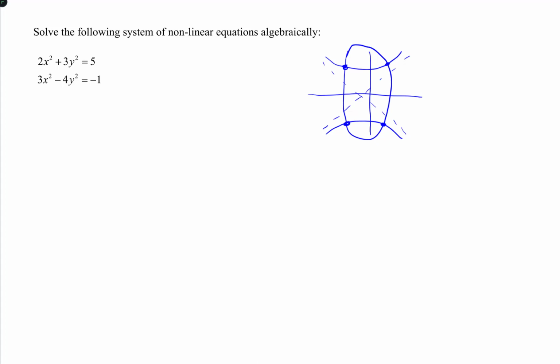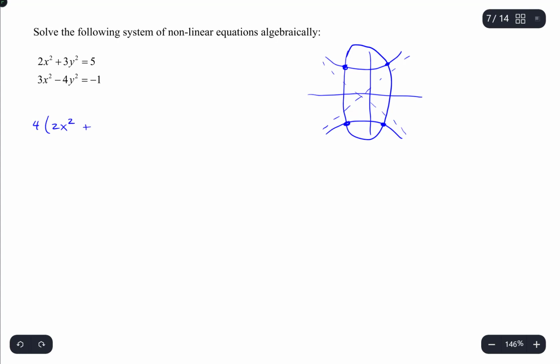What we would need to do, however, is multiply the top equation, let's say by 4. So I'll say 4 times 2x squared plus 3y squared equals 5. And the bottom equation by 3. So 3x squared minus 4y squared equals negative 1.